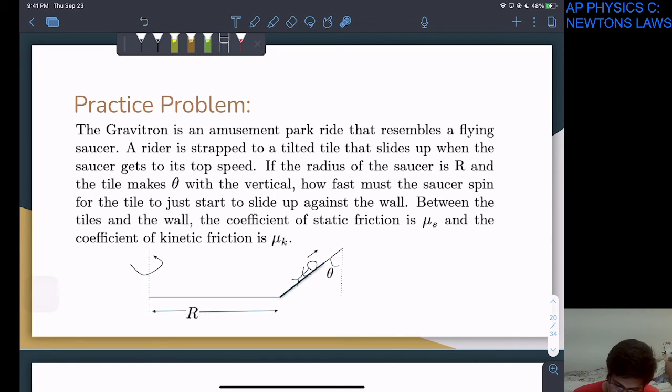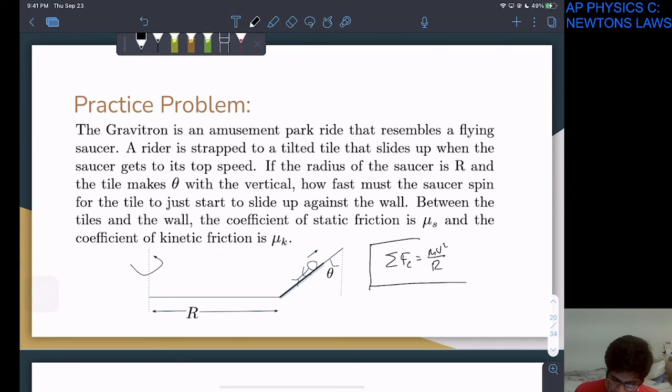We're given friction, a radius, circular motion, an angle, and probably some forces like a normal force are involved. The other key thing we have to remember for centripetal force from physics 1 is that the centripetal force is mv squared over r. So this is a centripetal force question.